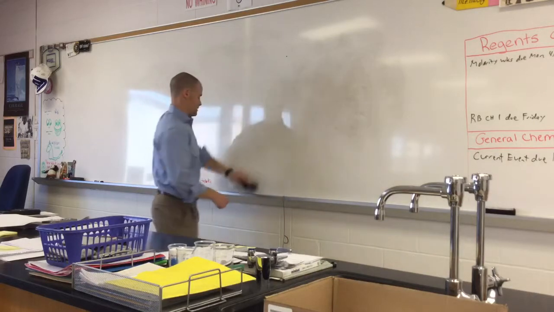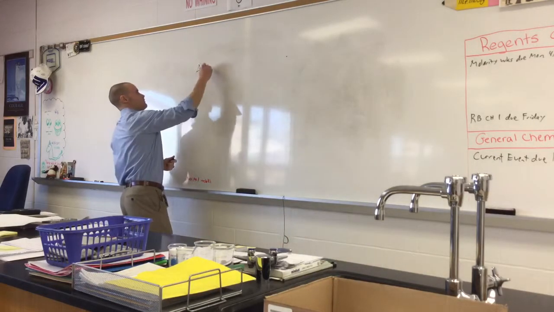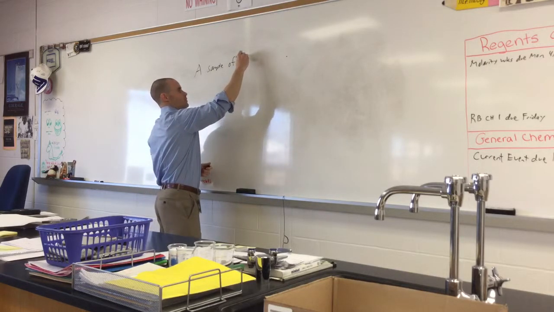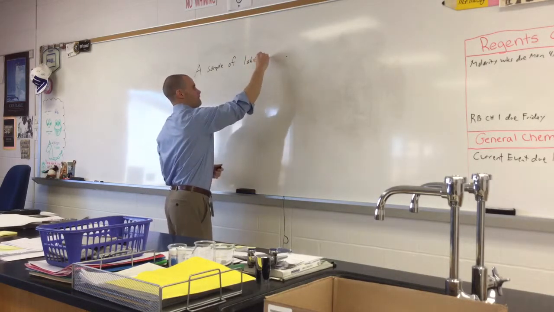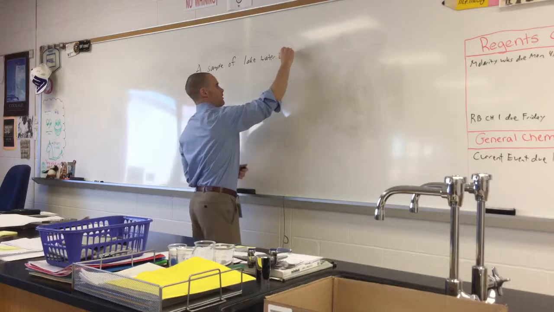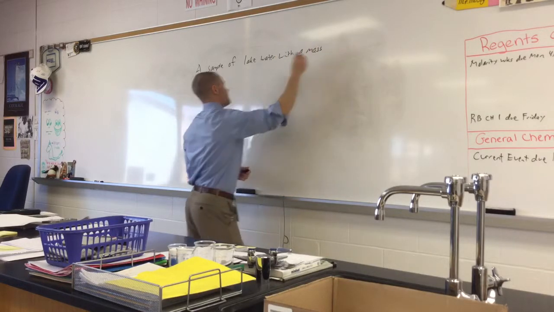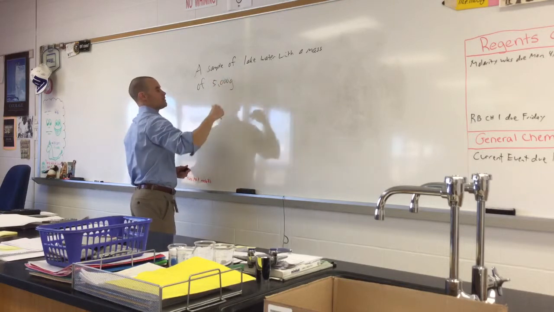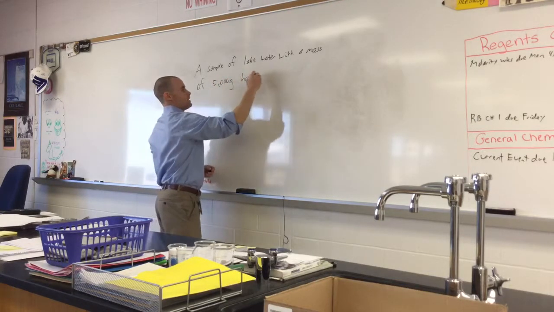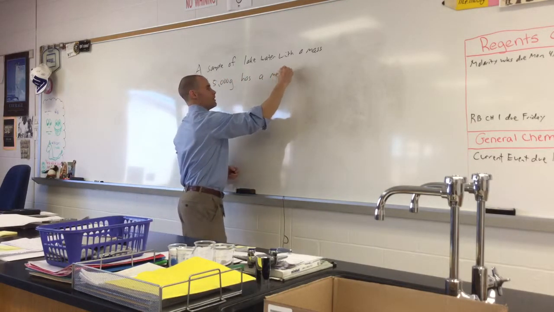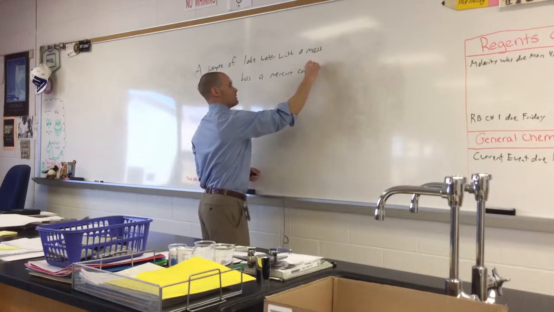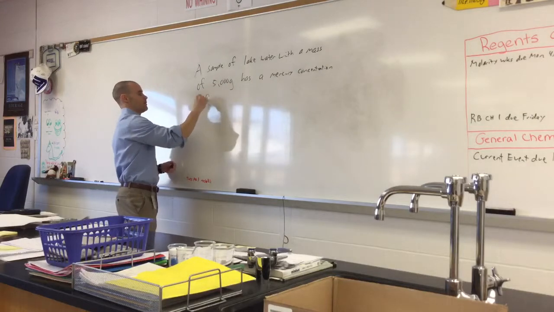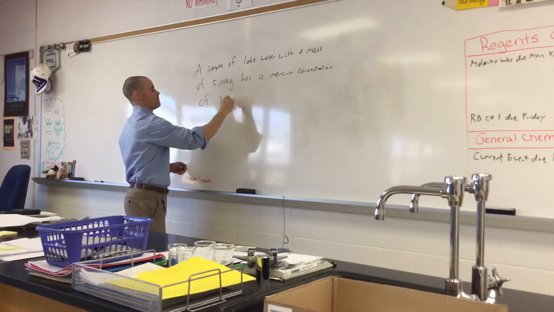All right. A sample of, we'll use a lake this time, lake water with a mass of 5,000 grams has a mercury concentration of 1.5 parts per million.